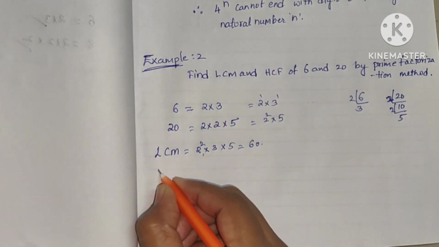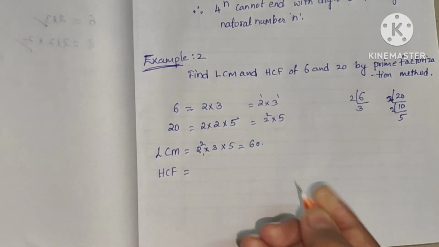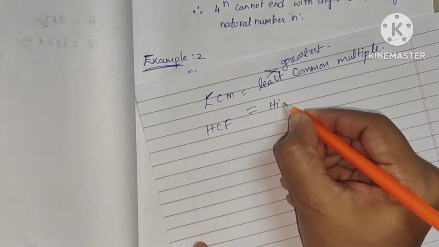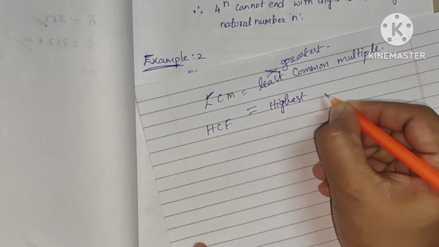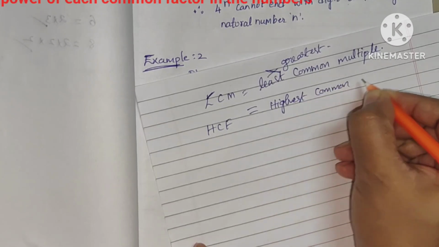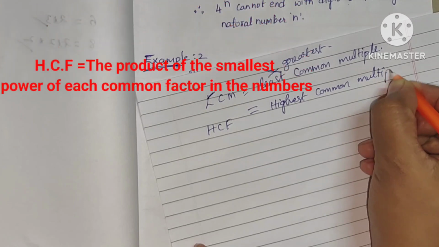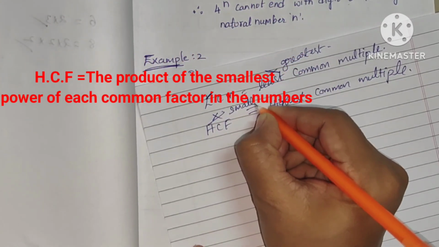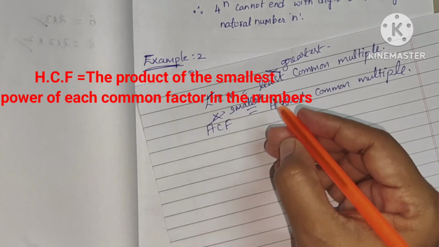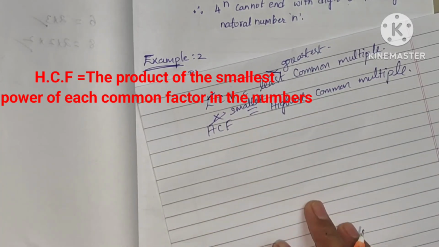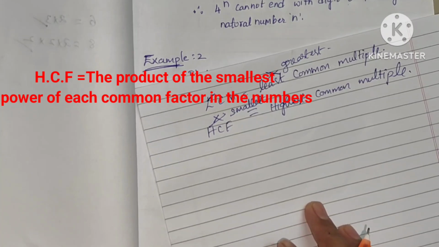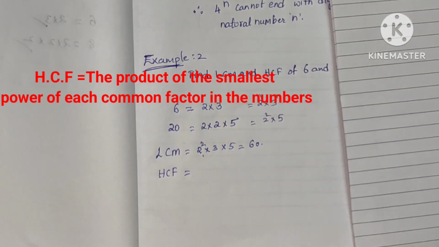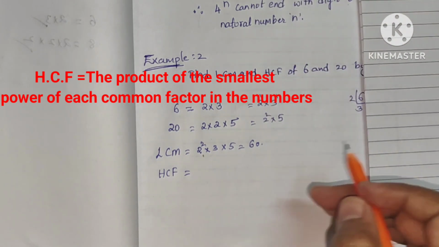Okay, coming to HCF. HCF means highest common factor. Here also you can remember in the opposite way: highest is opposite of smallest. So it is the product of the smallest power of each common prime factor.